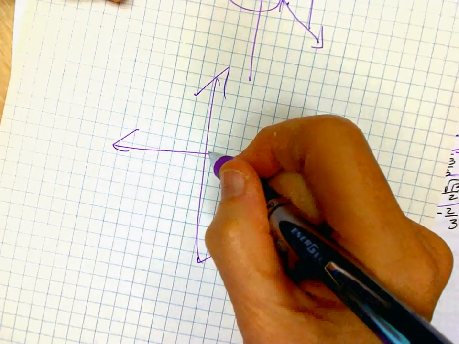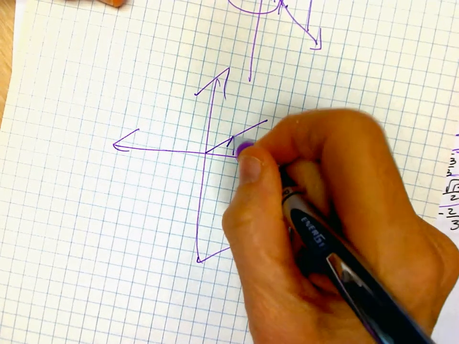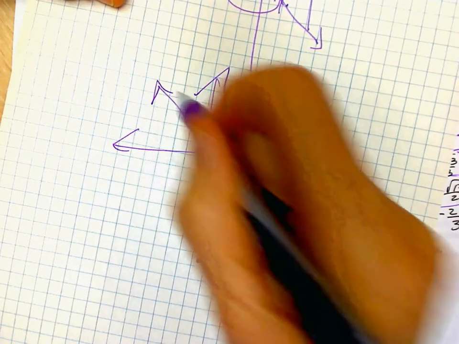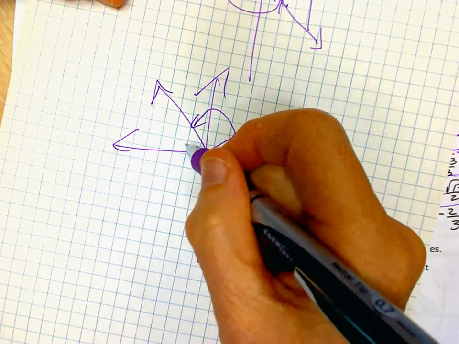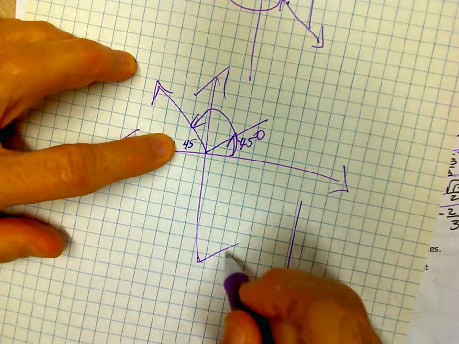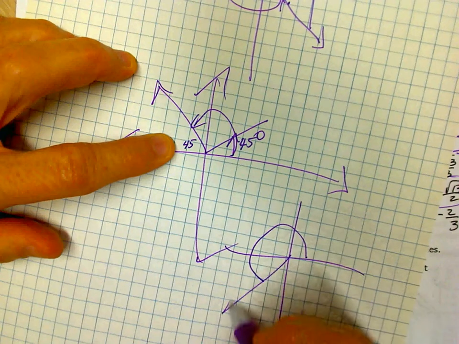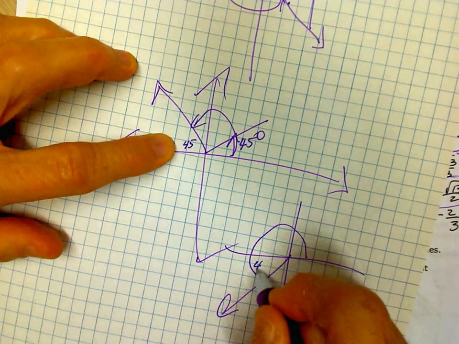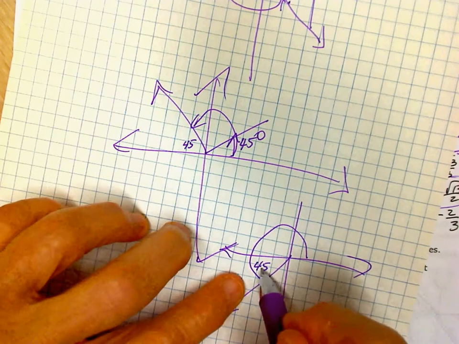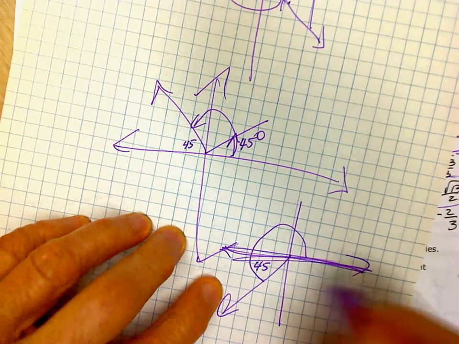So 45 degrees. 135 is here, but it depends on the related acute angle of 45 degrees. 225 ends up here, but it depends on the related acute angle of 45 degrees, which is measured in accordance with the x-axis.